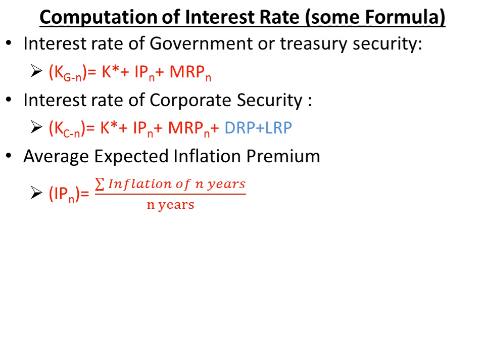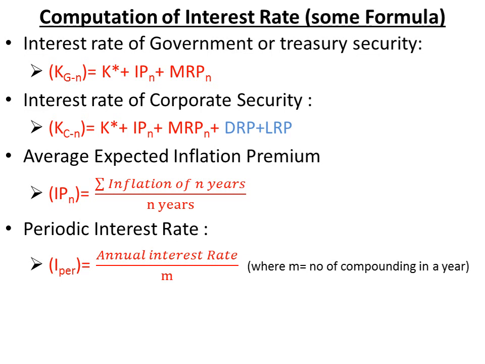If you calculate IP3, then the inflation of year 1, inflation of year 2 and inflation of year 3, these three inflations are summed. You have to add these three inflations and divide by 3. That mean value of inflation is called the average expected inflation premium.